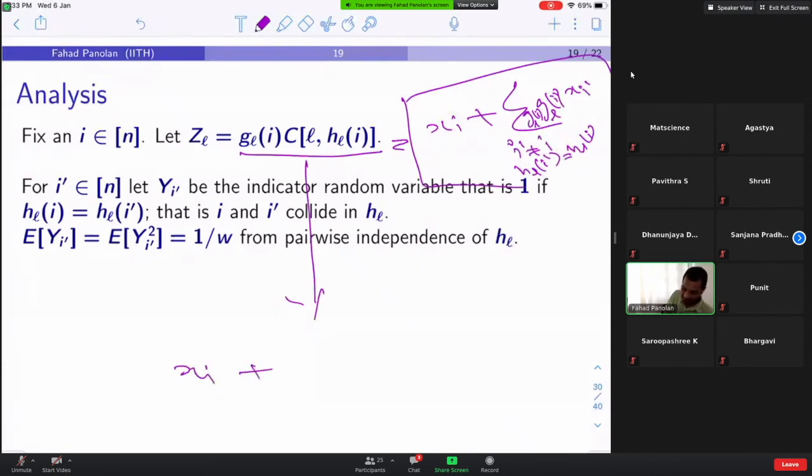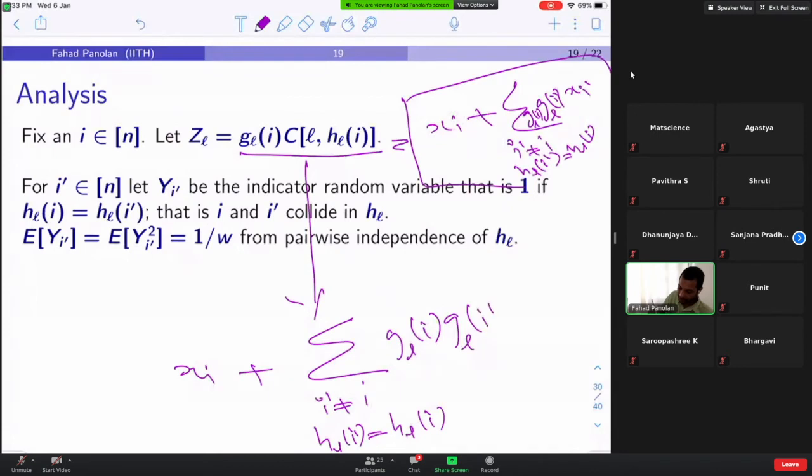More nicely, I can write here: this will be x_i plus the summation over i prime not equal to i, h_l of i prime equal to h_l of i, times g_l of i prime. Is it fine? Yeah.